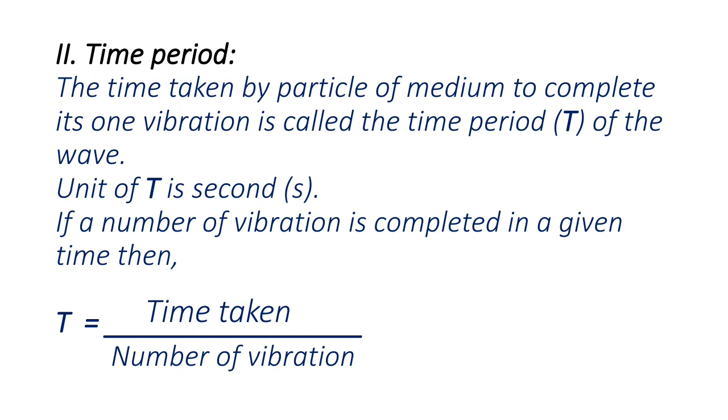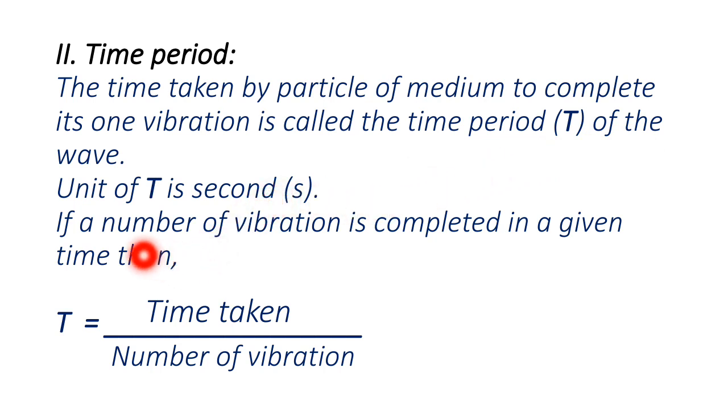So let's see the definition once again. The time taken by a particle of a medium to complete its one vibration is called the time period, which is denoted with the letter capital T. Time period of the wave, as it is time, its unit is second.